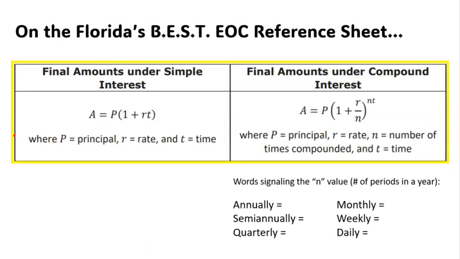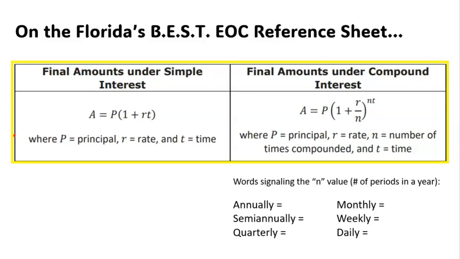So on our EOC reference sheet, we have this at the bottom. And so it gives us the formulas, but we still have to know what they mean and how to work with them. So what's in the yellow box is on the reference sheet. When you first get your reference sheet, I strongly recommend that you make some notes on there.